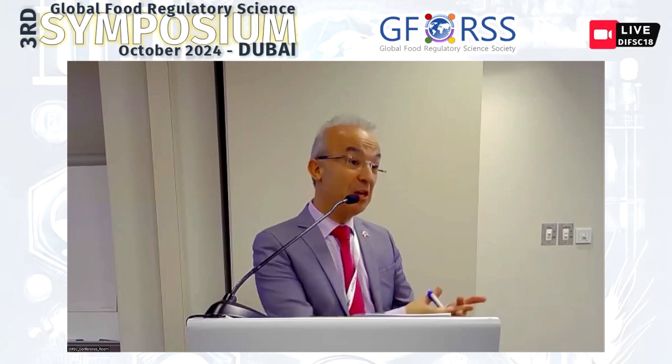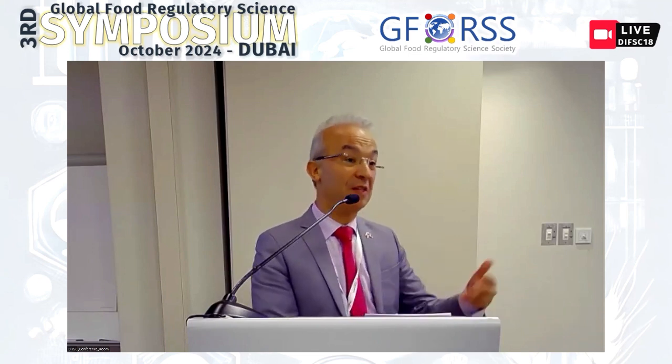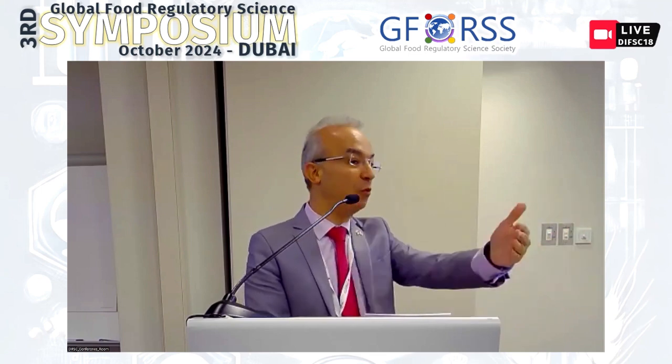But the point I would share with you is that we are all looking at Codex as a reference, and at the various horizontal committees that manage the risks. For contaminants, it's the Codex Committee on Contaminants in Food. For pesticides, it's the CCPR. For vet drugs, etc. For pathogens, it's the Food Hygiene Committee.